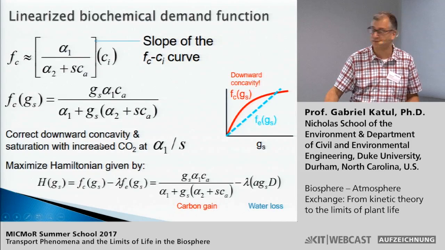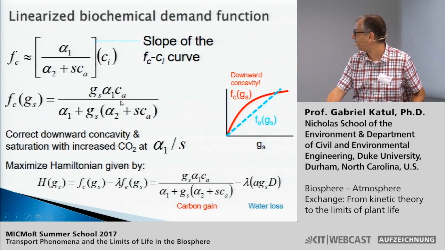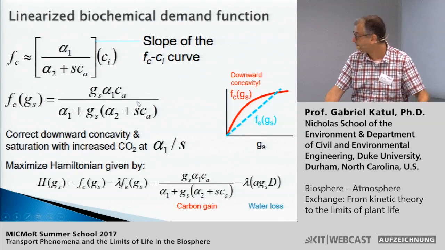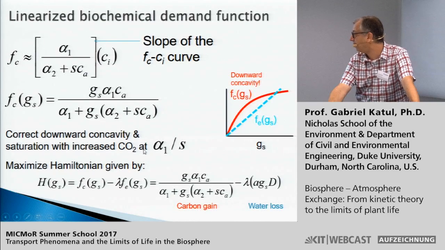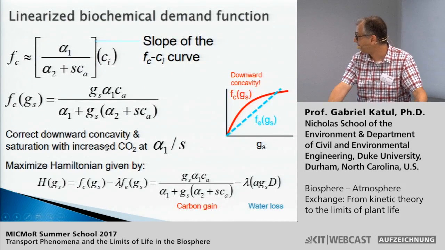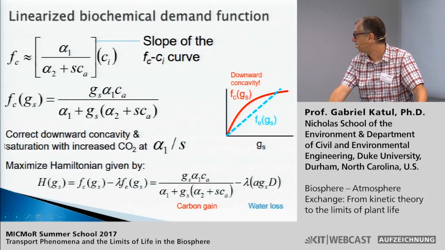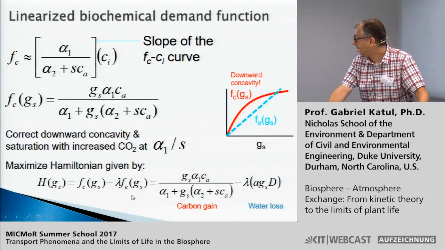It actually levels off at alpha 1 over S, where alpha 1 could be the maximum Rubisco capacity, Vcmax, and S is the long-term Ci over Ca concentration. So you could set a finite limit on the ability of the biosphere to uptake CO2, even in the limit of infinite CO2 concentrations. Okay, so these are just 2 points to point out.